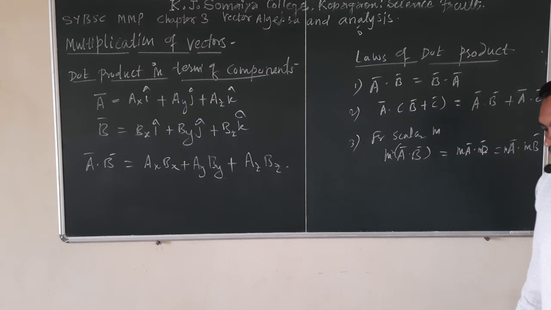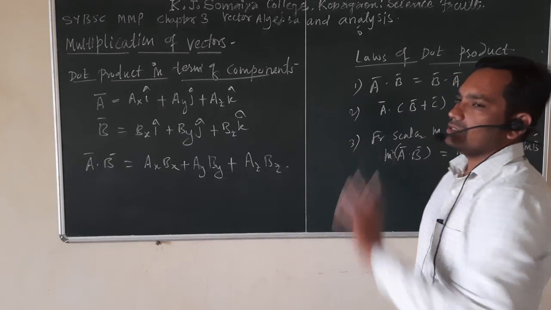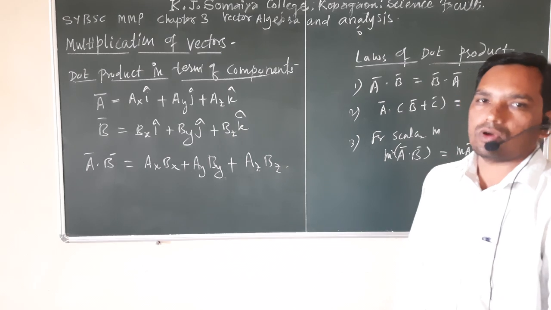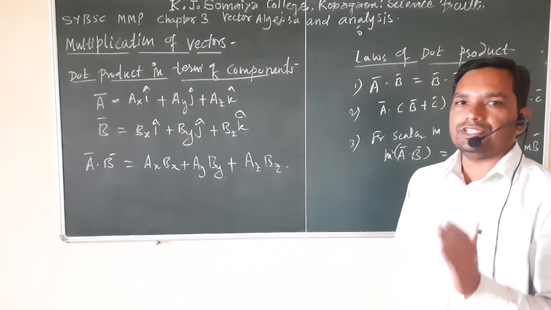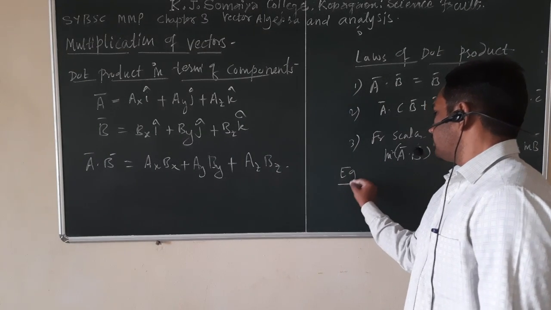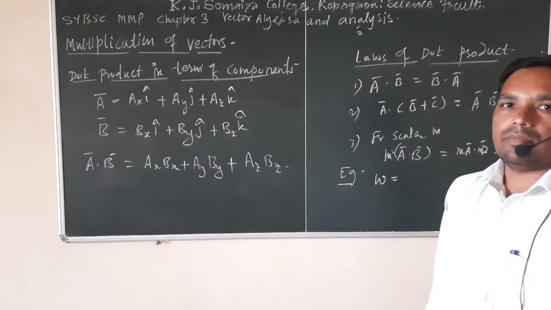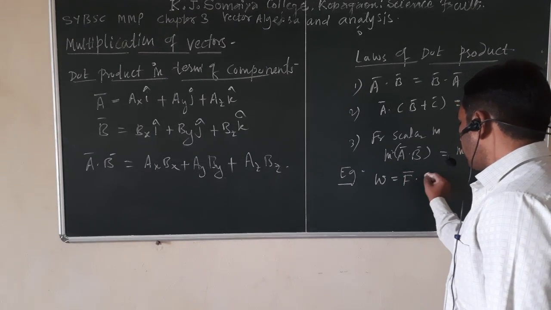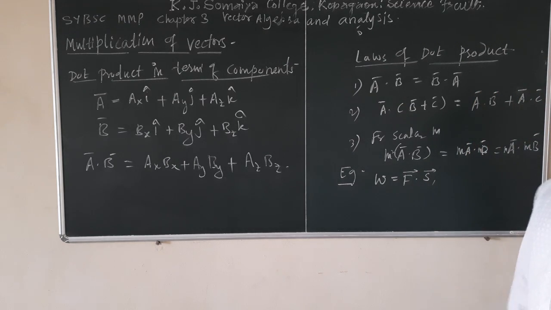Okay, now the very last section of this dot product, which is the physical significance of dot product, and before that, examples of dot product which occur in physics. So what are the examples? We know that work done by an applied force can be obtained by the dot product of the external applied force and the displacement.